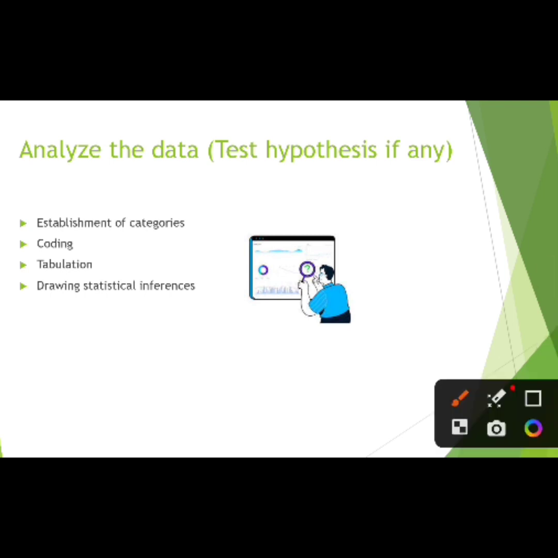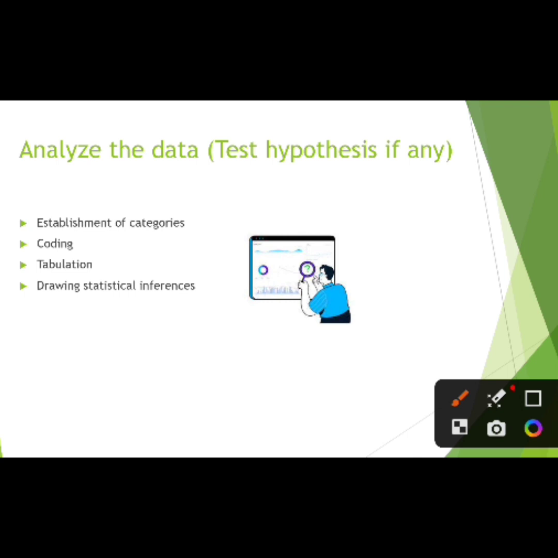After that, whatever data we have collected, we now have to analyze the data to test the hypothesis, if any. So how can we analyze that data? We can use various types of software, for example SPSS, and applications such as Microsoft Excel.